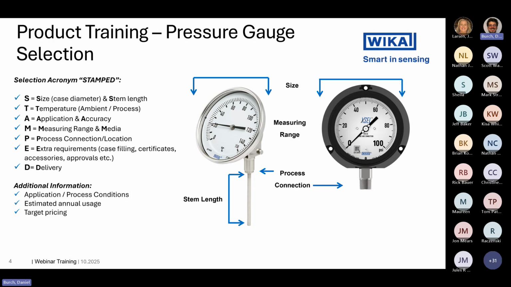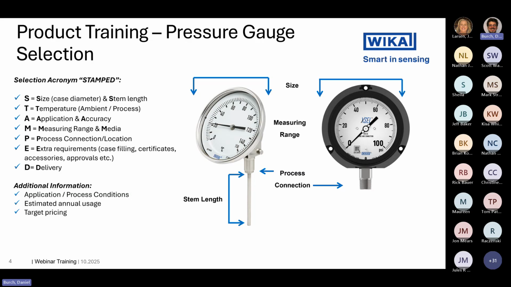So in the case of, okay, I'm operating at 50 psi, that gauge you see on the right at 100 psi would be the recommendation. That way you've got the pointer sitting there in that sweet spot at 12 o'clock, give or take. And it just helps with the longevity of the gauge too, to where you're not buying a 50 psi gauge for a 50 psi application and just maxing that gauge out at all times and possibly going into the overpressure zone.